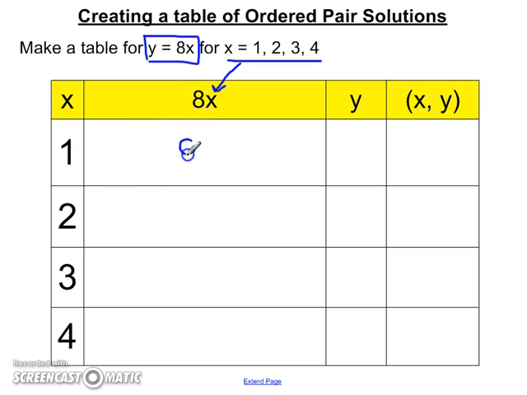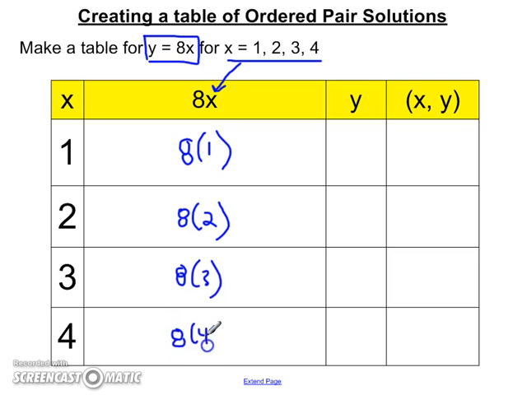So in each of these cases, I'm going to replace x with the given value: 8 times 1, 8 times 2, 8 times 3. Again, number in, machine that does the work, y is your output. So 8 times 1 is 8, 8 times 2 is 16, 8 times 3 is 24, 8 times 4 is 32.